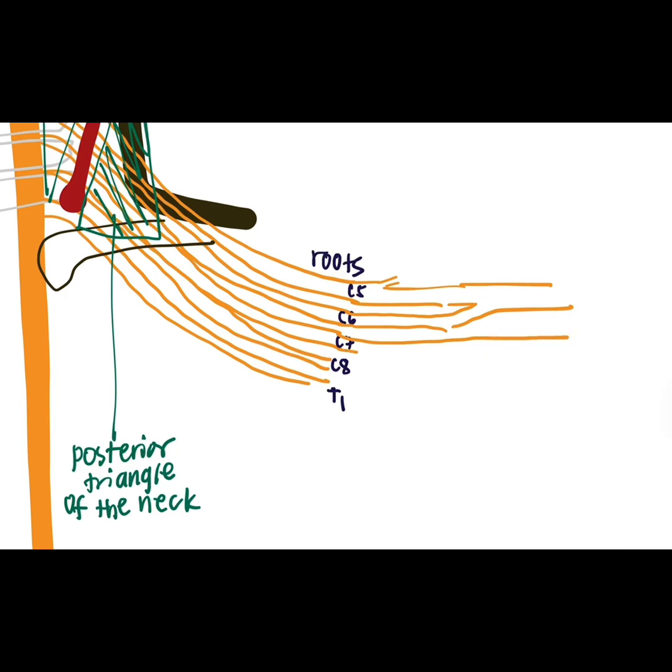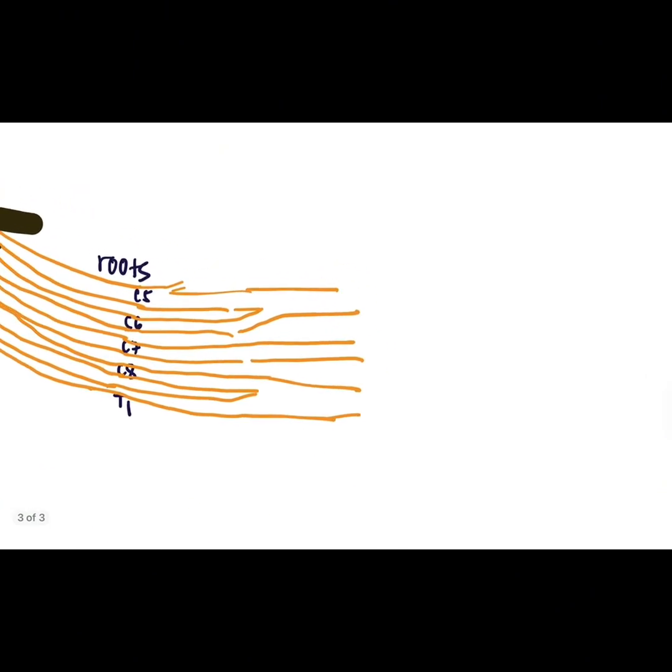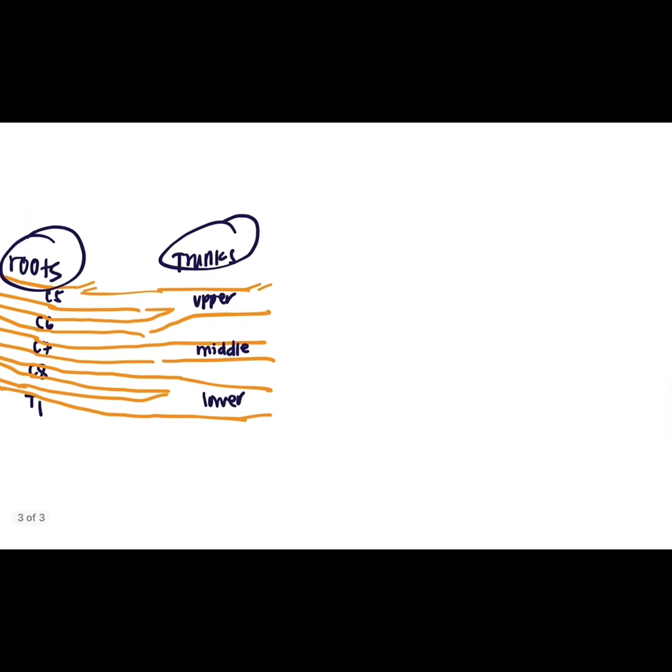C7 will have a solo trip on its own, and C8 and T1 will combine. This combination is what you call the trunks. So the combination of the C5 and the C6 will be known as the upper trunk. And C7 is the middle trunk. And the combination of the C8 and the T1 is the lower trunk.